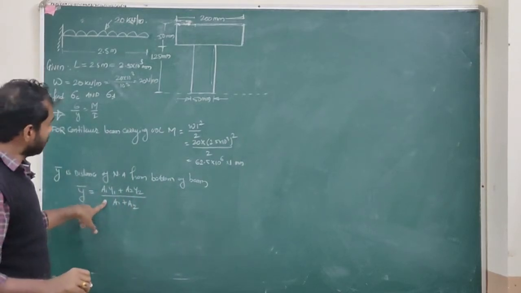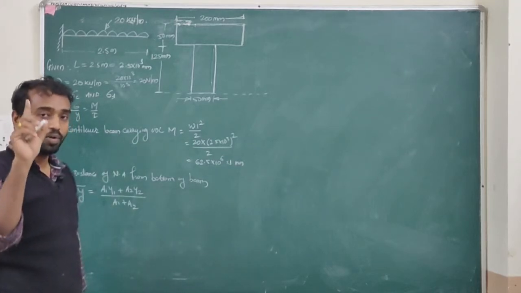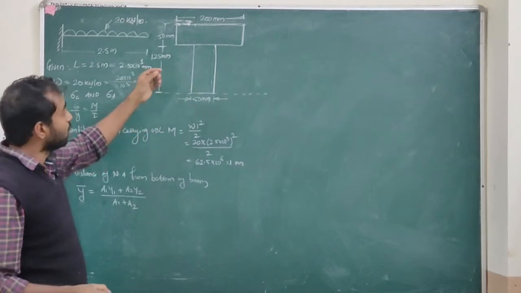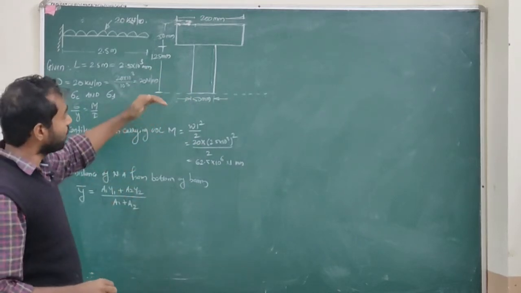Now what is the meaning of y1? y1 is the distance of the center of gravity of the first element from the reference or bottom axis. y2 is the distance of the center of gravity of the second element from the same reference axis.